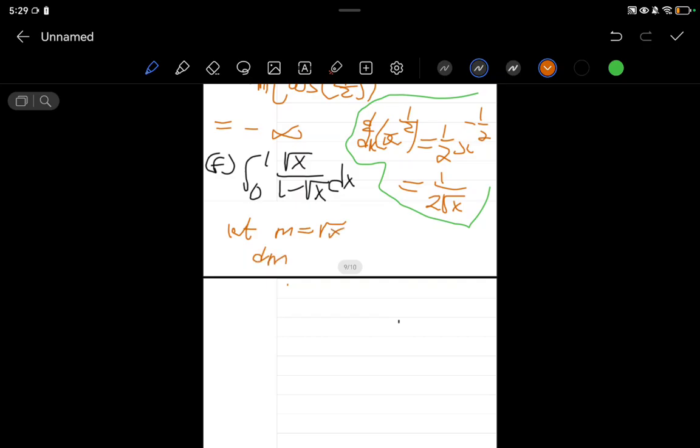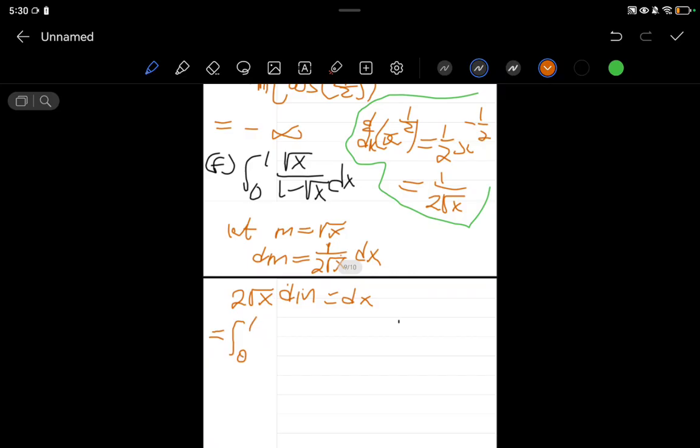Then I derive this. When I derive the root of x, we know what we get, right? 1 over 2 root of x dx. We agree, no? Then we'll get 2 root of x dm is equal to dx. Then here it would come back, right? Don't forget, here I'm just showing you substitution. I'm not yet solving.